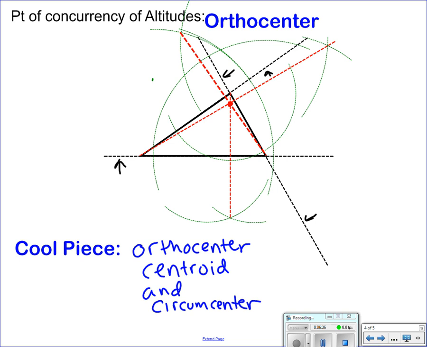So in a triangle, these three points are collinear, and they are on a special line called an Euler line.